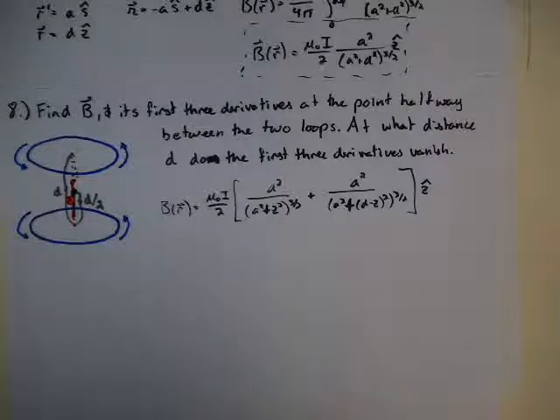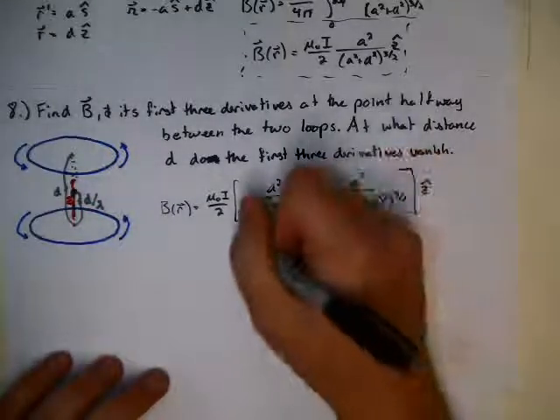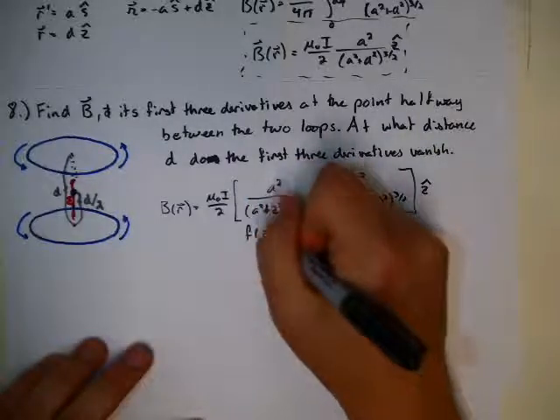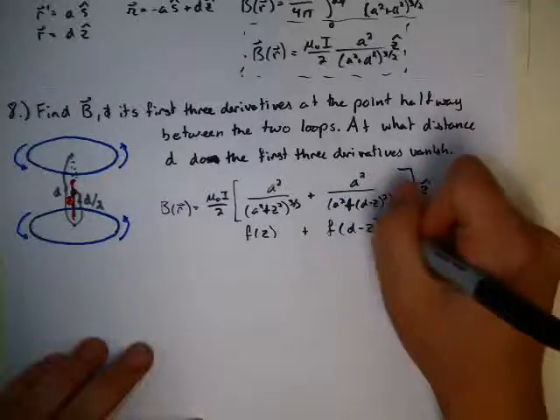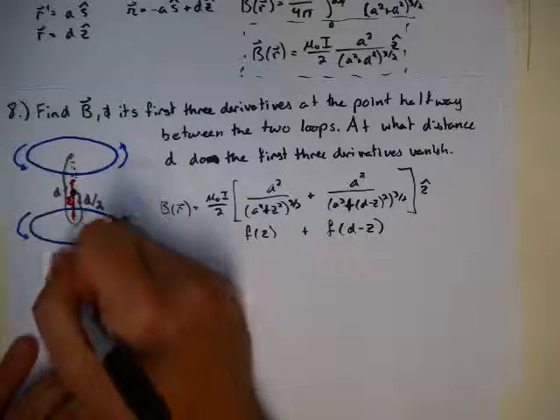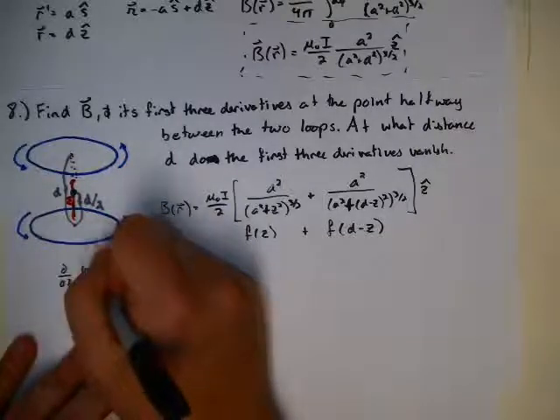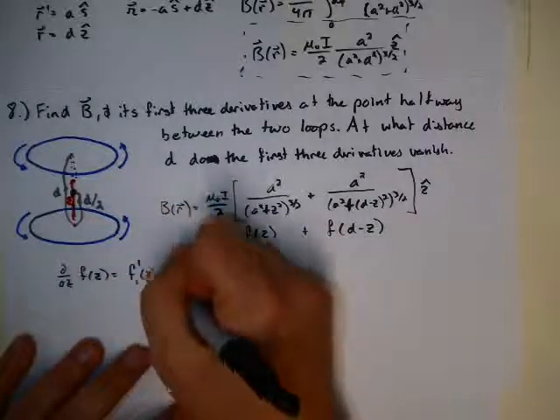The question that we have here is, now let's take derivatives. But before doing that, I want to look at one of the symmetries of this problem. I've talked about symmetries a lot. Well, here's an interesting one. This is a function of z, and this is the same function of quantity d minus z. When I take derivatives, so when I look at partial over partial z of f of z, I'm just going to call that f prime evaluated at z.